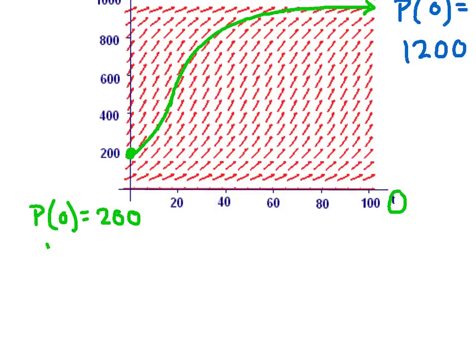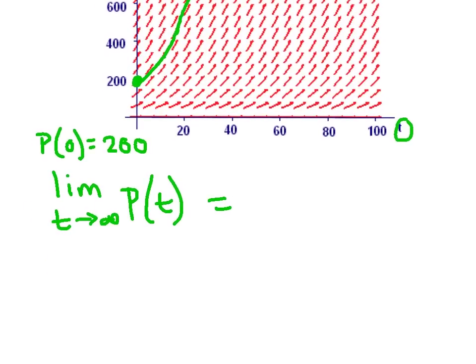Two things here. What is the limit as t approaches infinity for the function P of t, versus what is the limit as t approaches infinity for P prime of t?